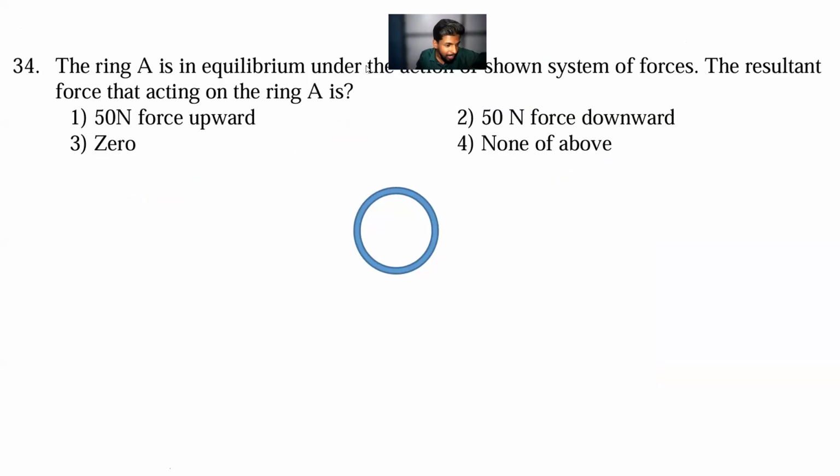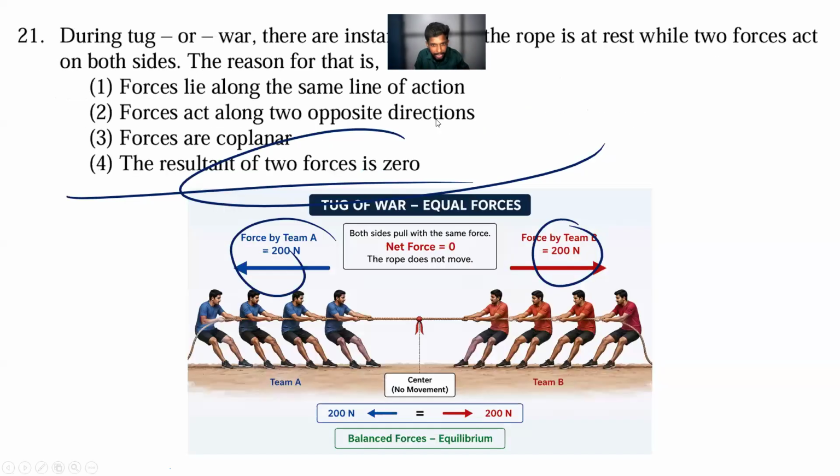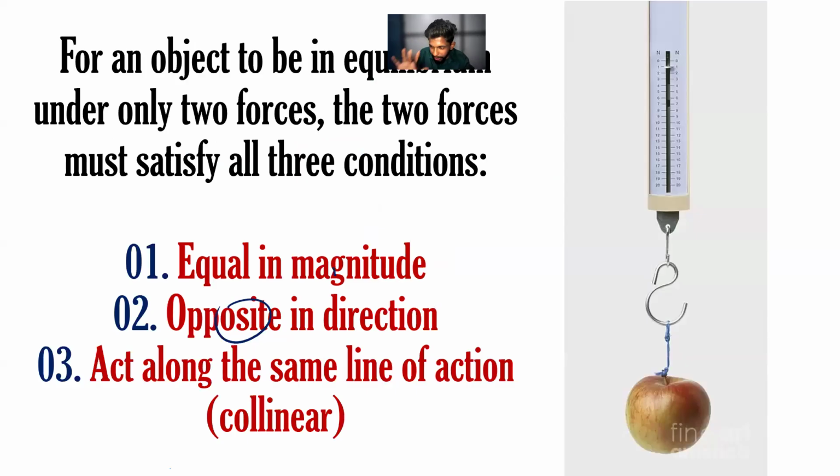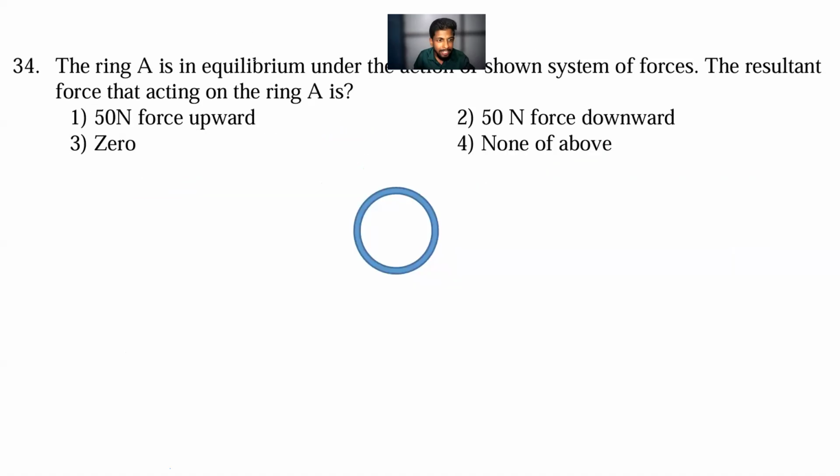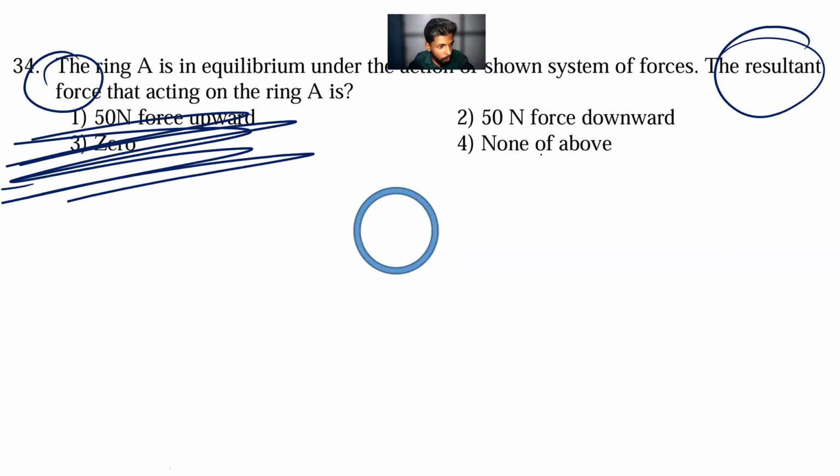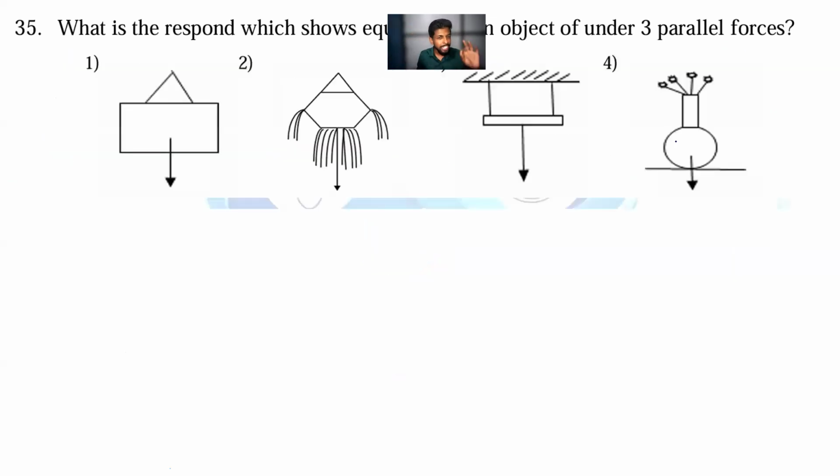Very good. Zainab, you got the idea. I already told you earlier, you may remember. If the object is in equilibrium, if the object is at balance, the resultant force will be zero. Simple. Fine. Question number 35.